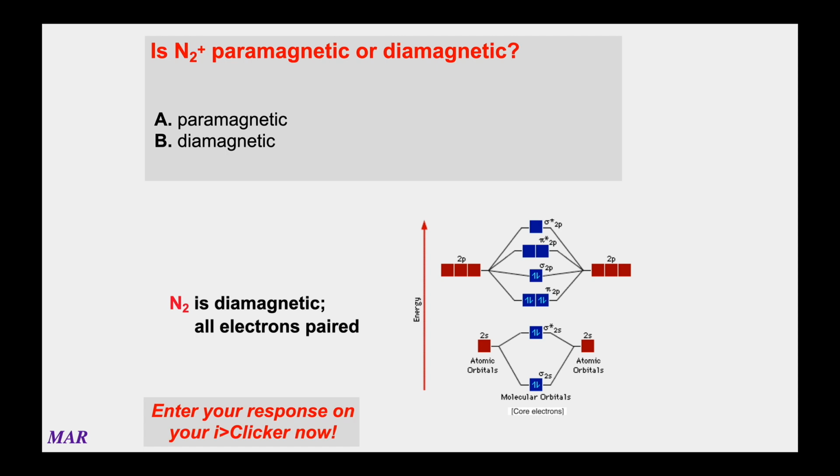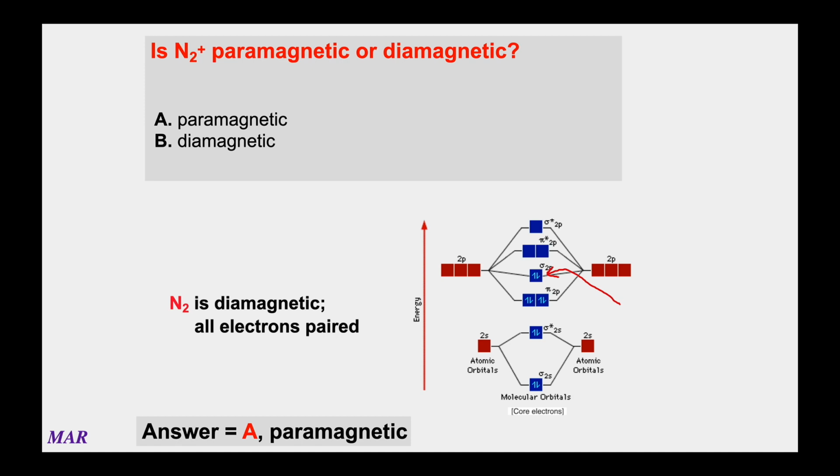So if you look at the N2 diagram there on the right, N2 plus is going to lose one of the electrons, and it's always the highest occupied molecular orbital electrons that come out first. So for N2 plus, we would take away one of those bonding sigma electrons. Then there would be just one electron left over. N2 plus is going to be paramagnetic.